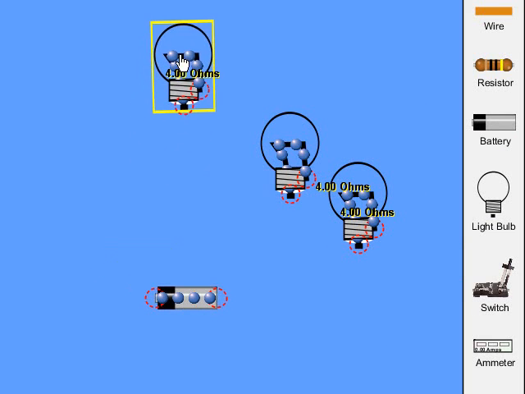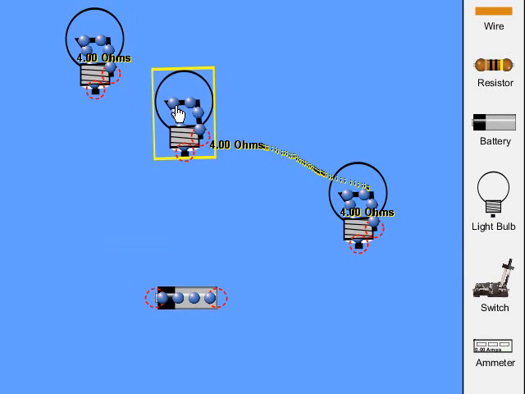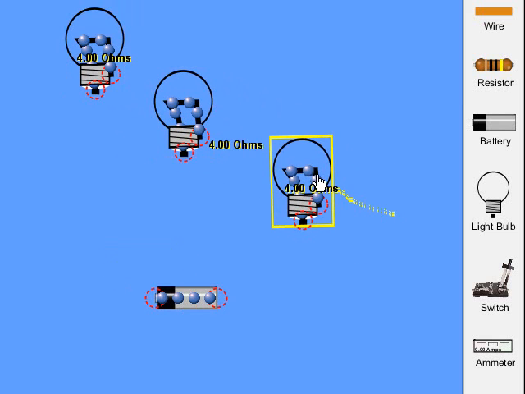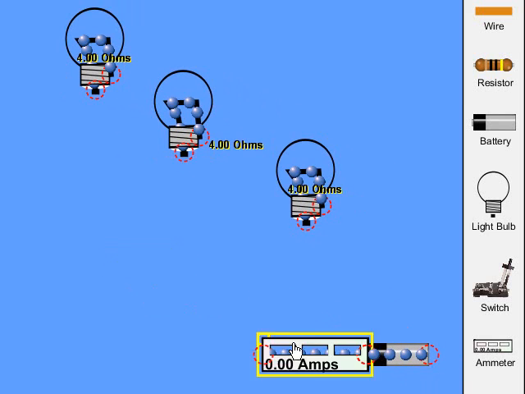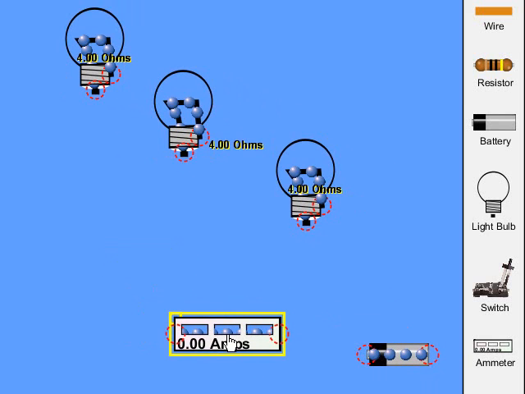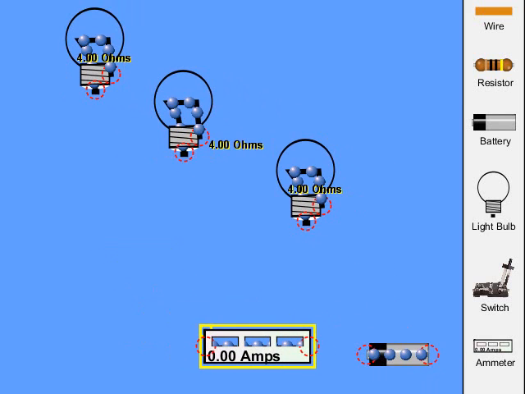I don't think I can turn these here, and alright, I need an ammeter and I need a bunch of wires. So there's one.